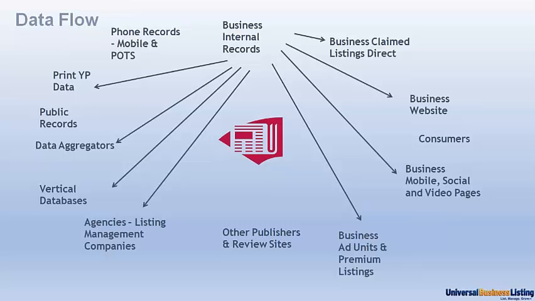So the next step is to actually look at the data flow itself. And you can see here that it starts, of course, with the business's own internal records, and looking clockwise, you can see it goes to the situation where they will submit their own listings, either through a bulk feed or managing a listing on the site itself. Then, of course, moving downwards, you see the publishing to their own website and social pages.